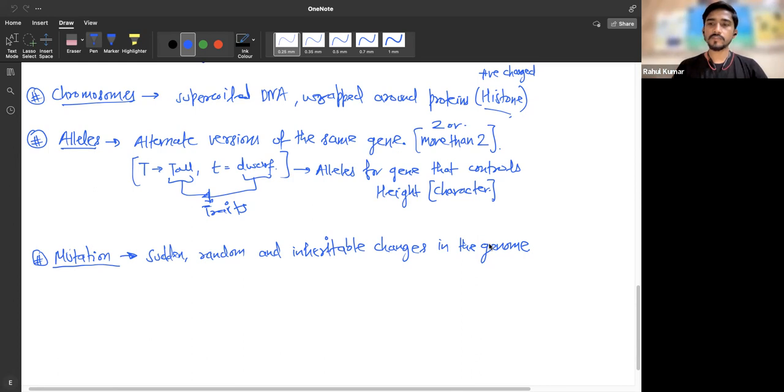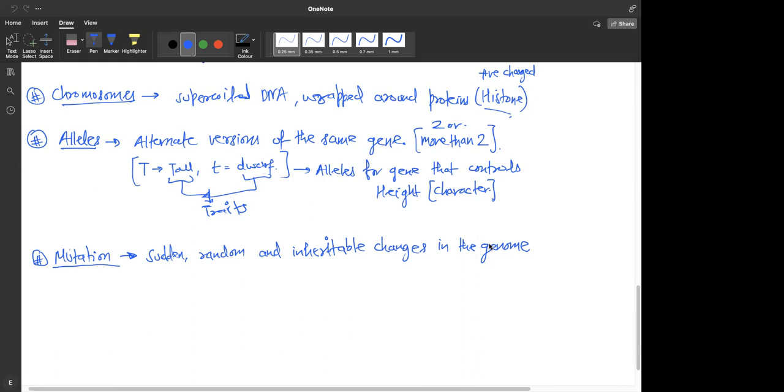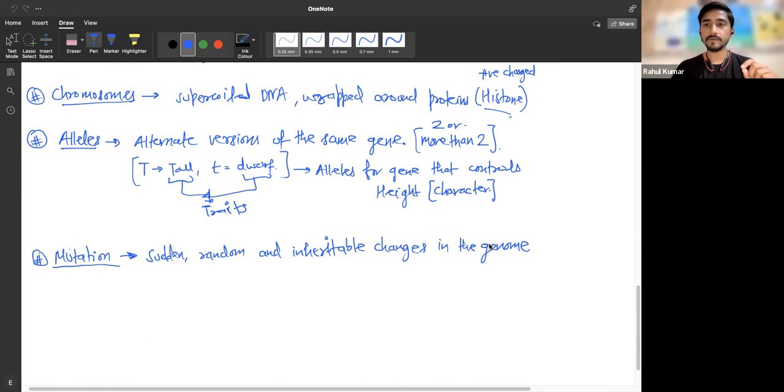If I keep doing this for 100 generations, will I get tailless mice? No, I will never get tailless mice, because it does not matter how many times I do a physical aberration to that mouse, the gene to develop the tail is still there in that genome.